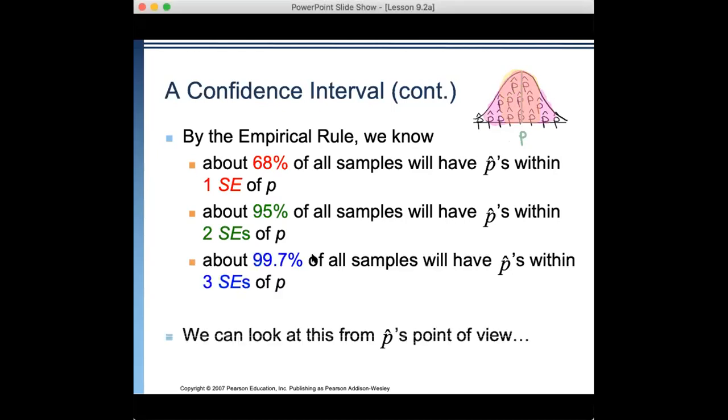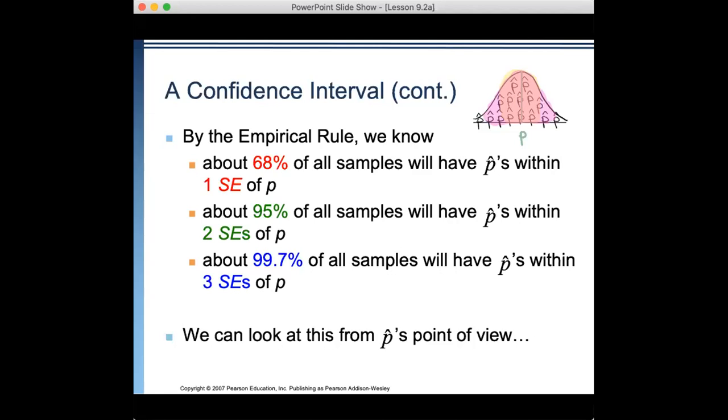And then 99.7% will be within three. So almost the entire curve, all the p hats, will be within three. Hopefully that is old news. That's the empirical rule. We get that, 68, 95, 99.7%.